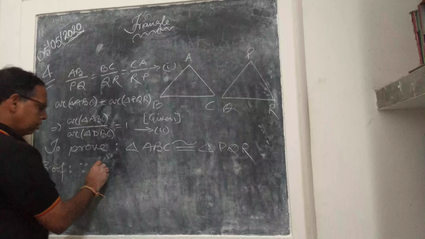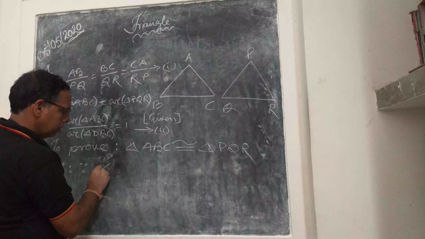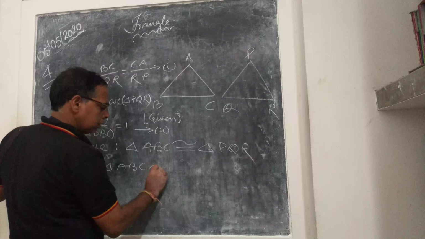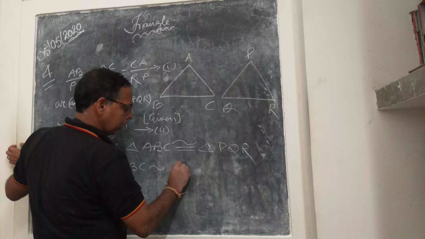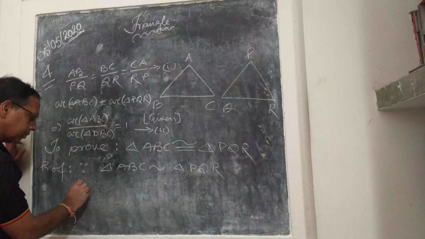Since triangle ABC is similar to triangle PQR, what happened?